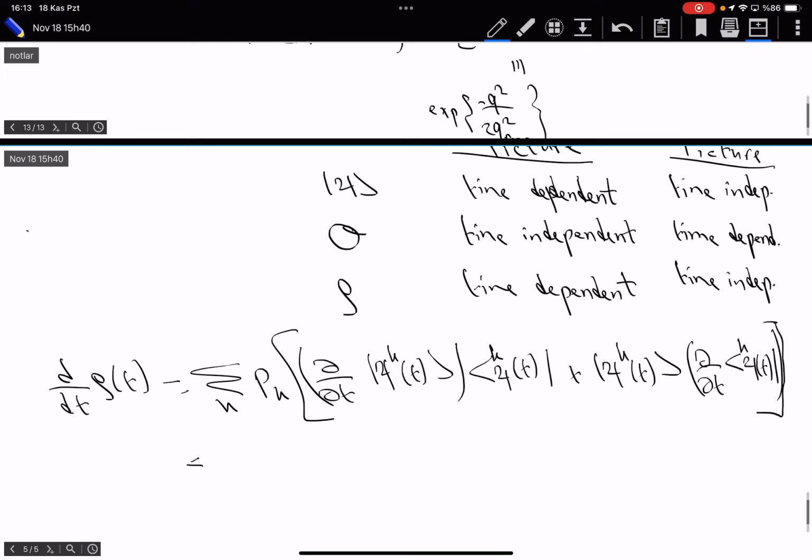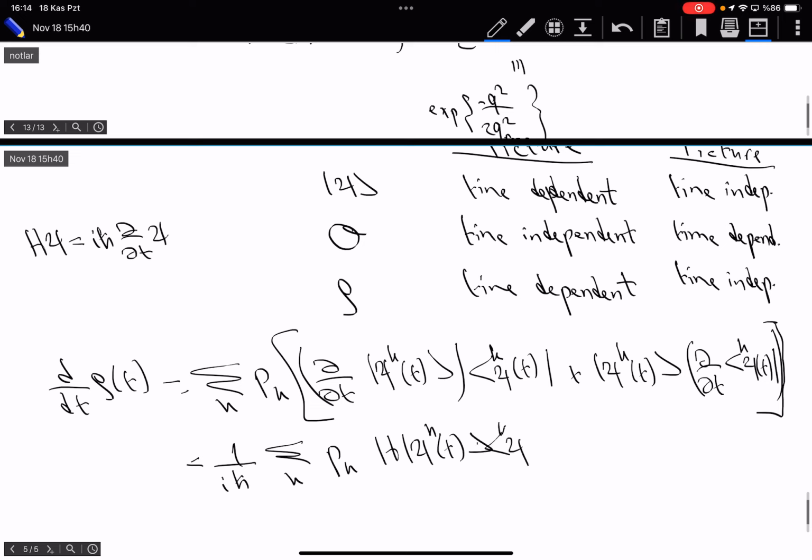Yeah, remember, H psi is i h bar del over del t psi. So this is 1 over i h bar H psi_k of t, plus psi_k of t H, but I have to have H dagger, and there is this i, so this is a minus sign.